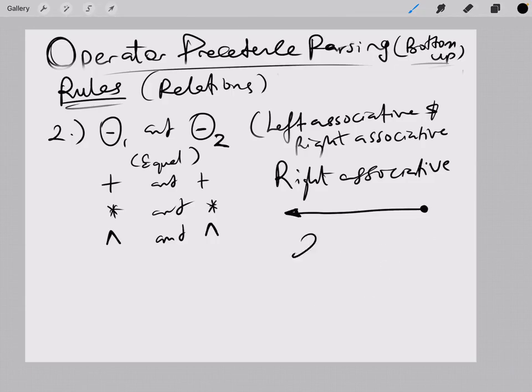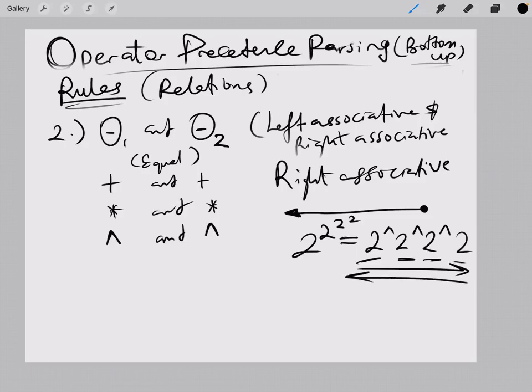But then what do we do when we have something bigger? We have 2 to the power of 2 to the power of 2 to the power of 2. We don't do this first, before this, before this. We go from the right. So what do we do first? We do 2 to the power of 2 here first. We will now have 2 to the power of 2 to the power of 4.